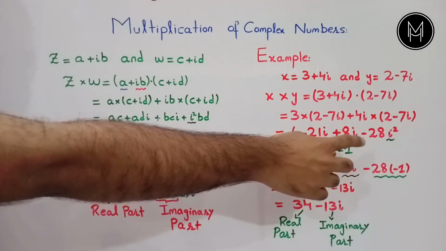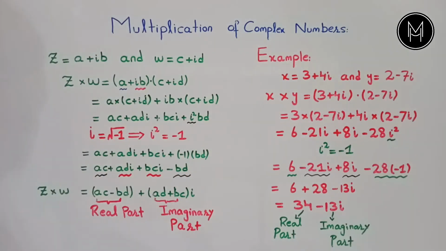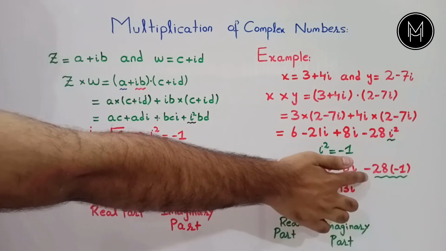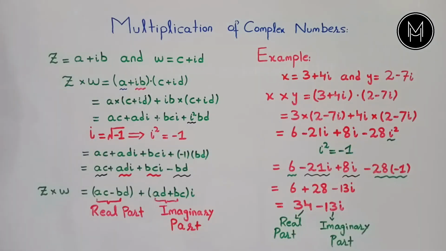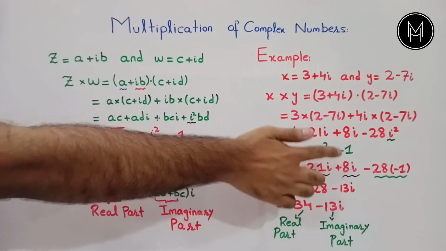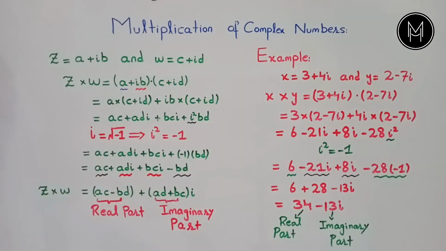We put the value of i square, that is minus 1. Now we can see there is the product of minus and minus, and we know the product of a negative with a negative number always results in a positive number. So minus 28 would become positive 28.